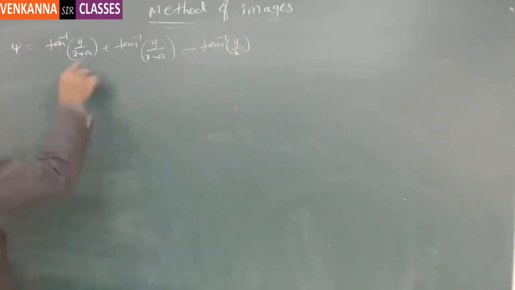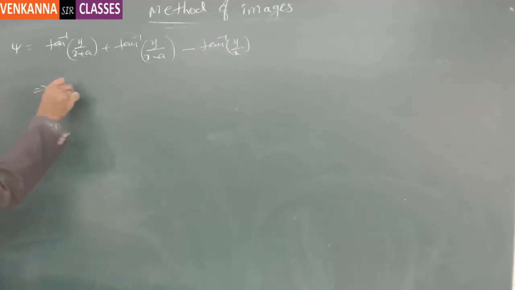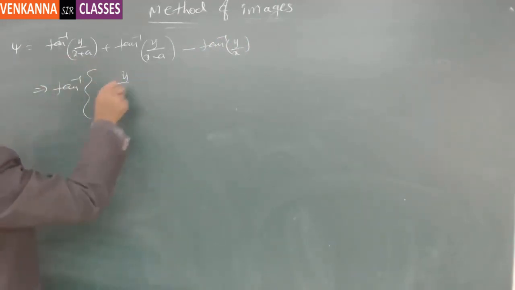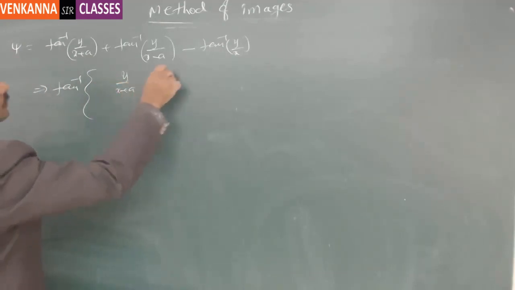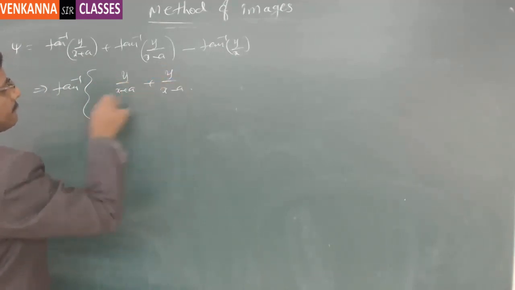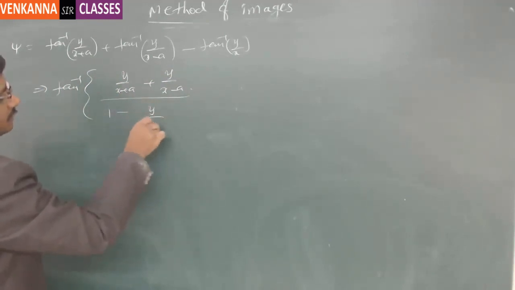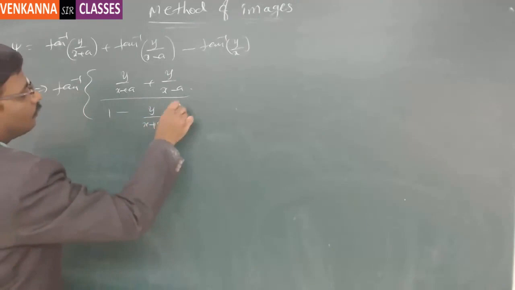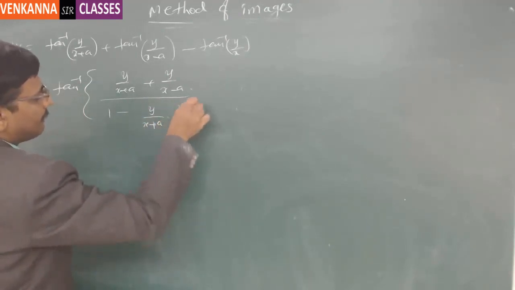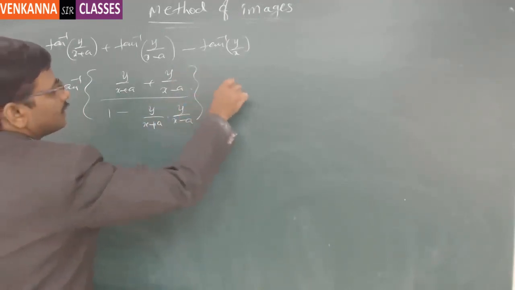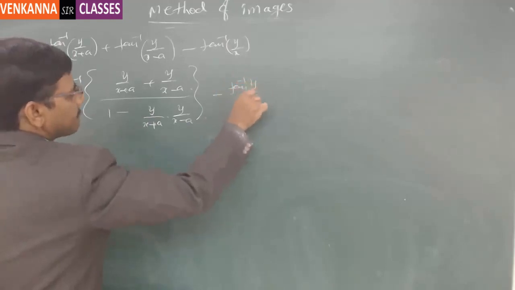Now we will add these two together. So this is tan inverse of (y by (x plus a) plus y by (x minus a)) divided by (1 minus y by (x plus a) into y by (x minus a)), minus tan inverse of y by x.